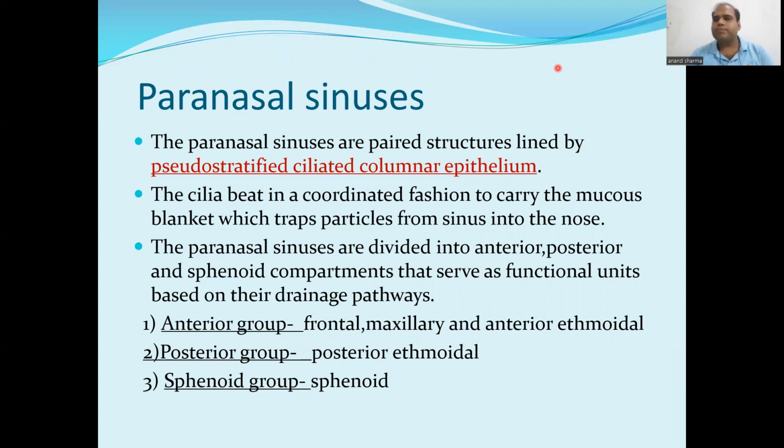The sinuses are divided into two groups, the anterior and posterior group. The anterior group is mainly the anterior ethmoid, the frontal sinus, and the maxillary sinus. The posterior group is the sphenoid sinus and the posterior ethmoid air cells. Sometimes the sphenoid is separately taken as a third group, present posteriorly.